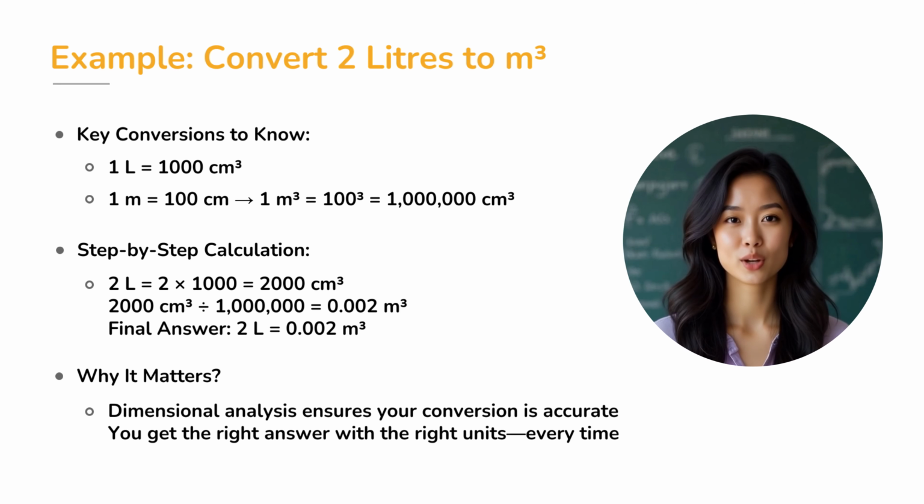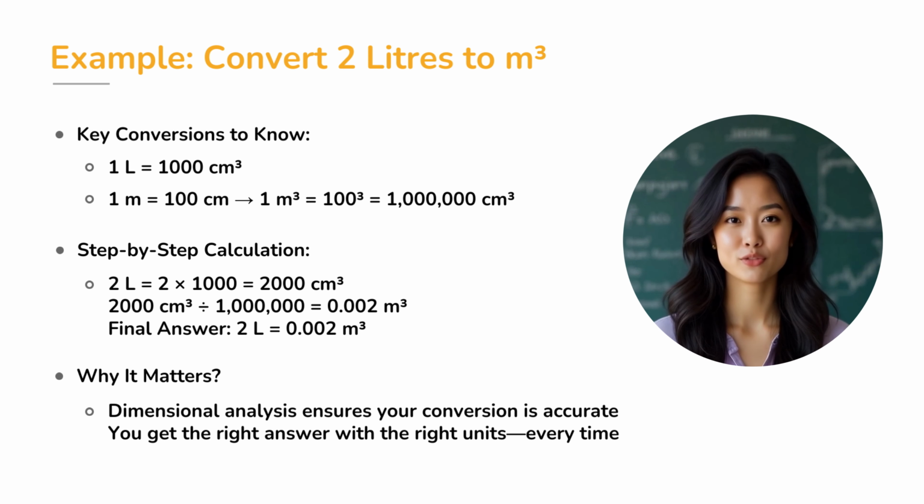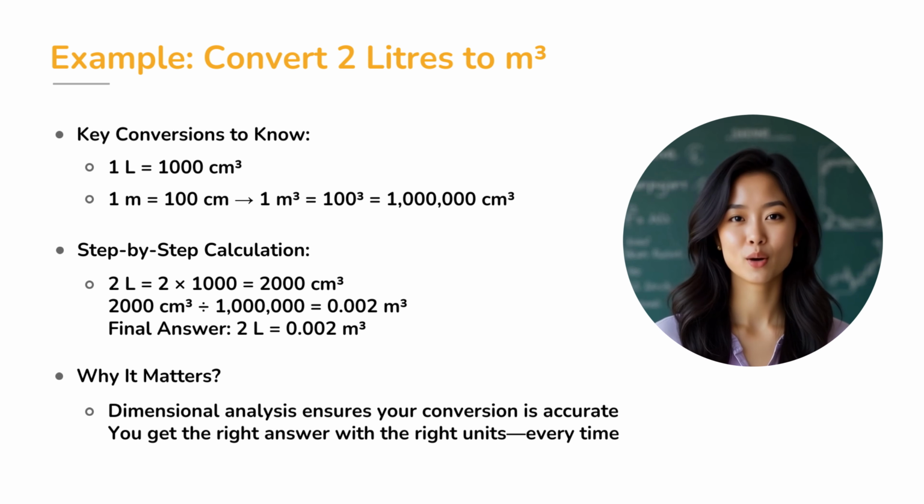Let's walk through a quick unit conversion using dimensional analysis. We want to convert 2 liters, L, to cubic meters, m³. First, remember, 1 liter equals 1000 cubic centimeters. Now, 1 meter equals 100 centimeters. 1 meter cubed equals 100 to the power 3 centimeters cubed, which gives us 1 meter cubed equals 1 million centimeters cubed.